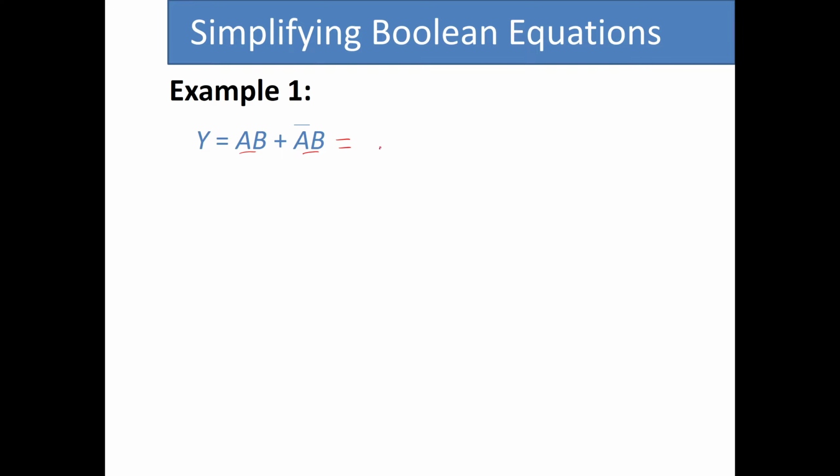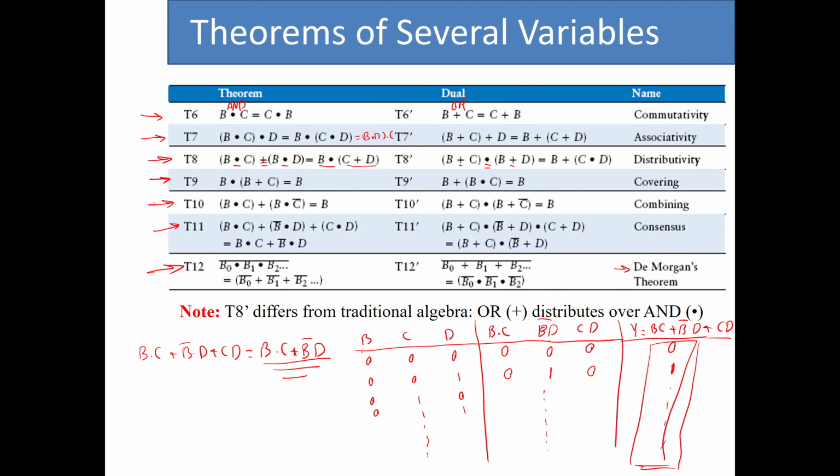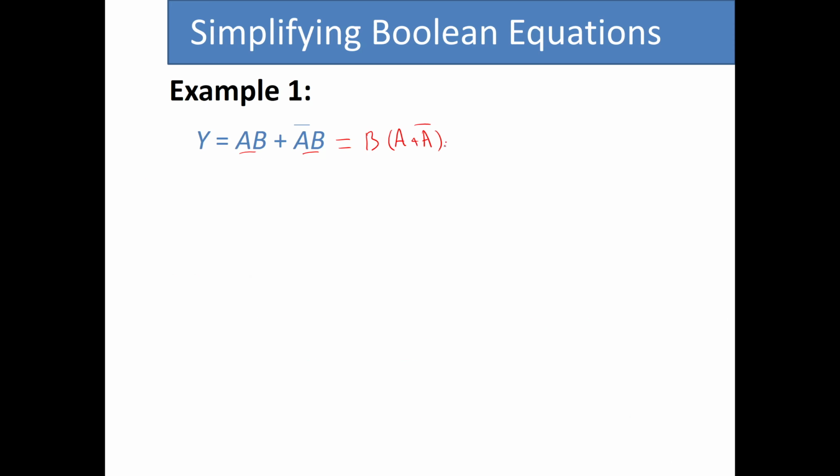So one thing that you can do is factor out B, and then inside the parentheses you can have OR of A and A bar. As you can see here, I use the commutative theorem as well. I changed the order first.